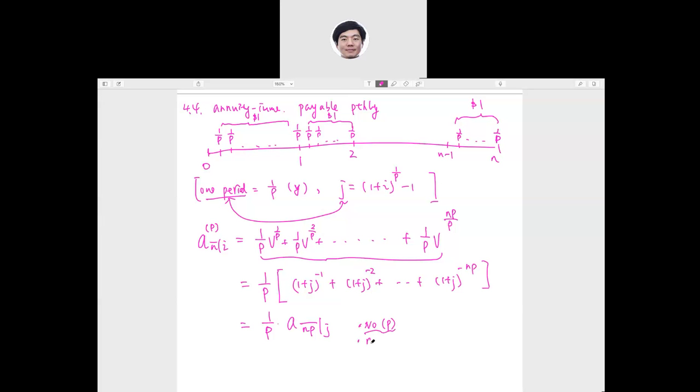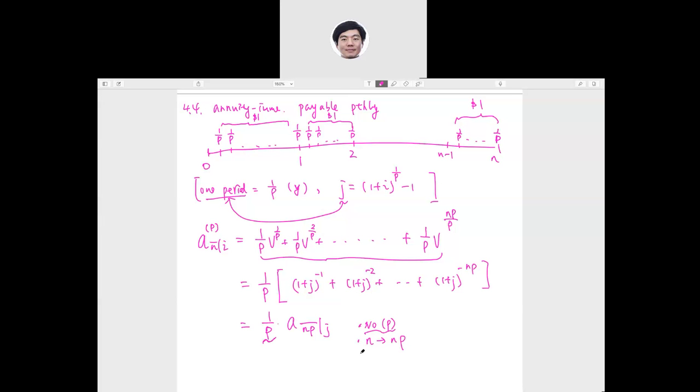Second, the number goes from n to np, because in this notation n is the number of years. Now np is the number of terms, the total number of payments I receive, each with the same amount.